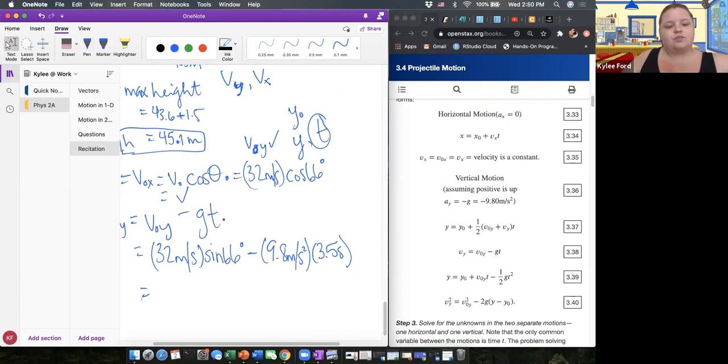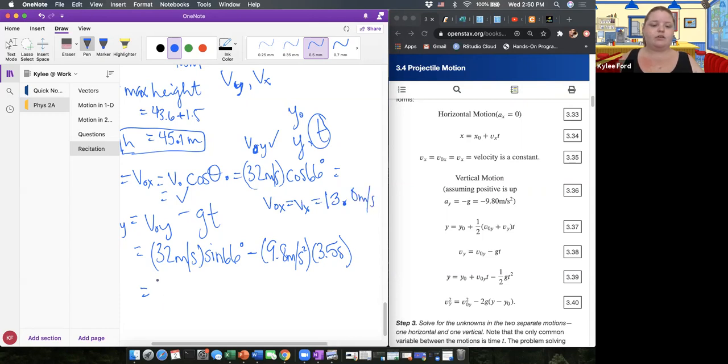So I'm going to go ahead and do these real quick. So cosine 66, I'm going to write it right here: V naught x or Vx equals 13.0. And then this one, sine 66 times 32 minus 9.8 times 3.5.